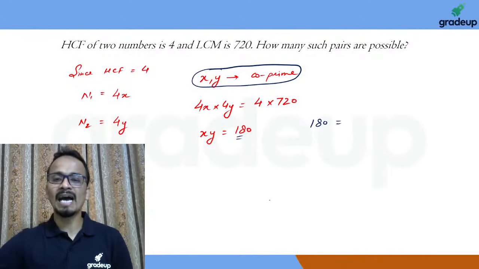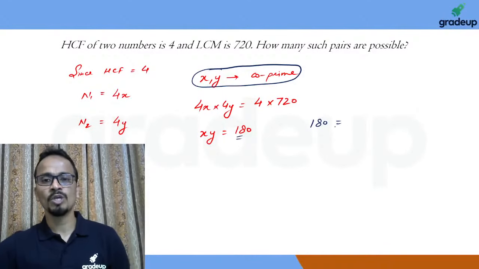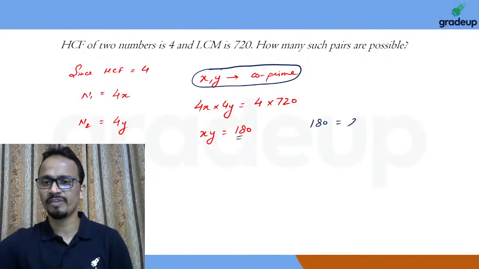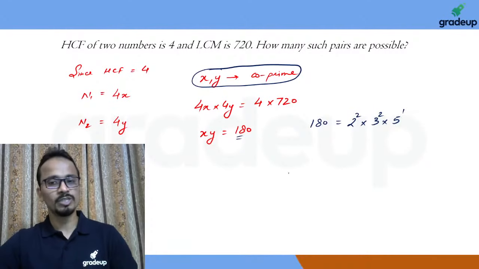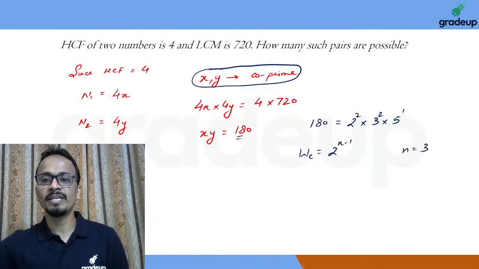For that, I'll first have to convert 180 into the product of prime factors. So 180, taking 2 common, we get 90, again taking 2 common, 45. So 2 squared multiplied by 3 squared multiplied by 5 raised to the power 1. So this is the prime factorized form of 180. Now the number of ways of writing 180 as the product of two co-primes is 2 raised to the power n minus 1. Here the value of n is 3.